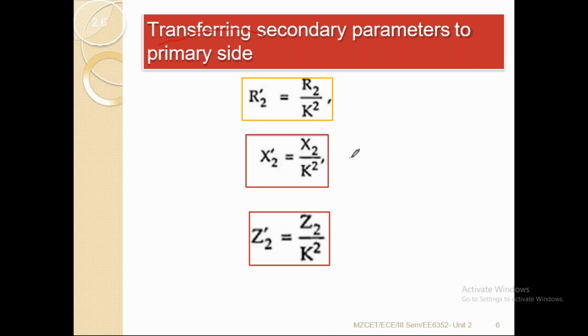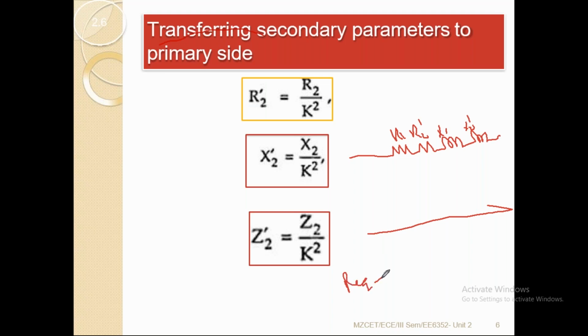Okay. Now your primary circuit becomes like this: R1, R2 dash, X1, X2 dash. Then the equivalent resistance Req is equal to R1 plus R2 divided by K square. Then you will get the equivalent resistance Req, right?